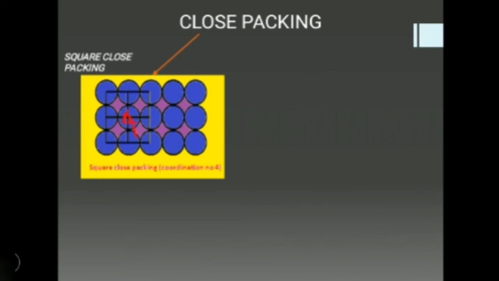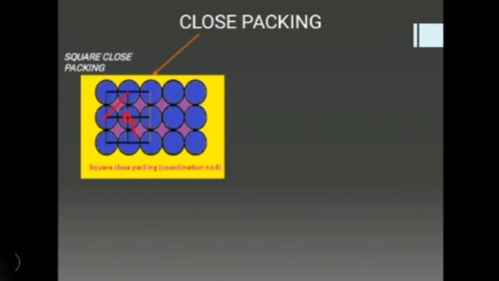There are 4. Now join the centers of them. You get a square. Just tilt your screen to see an exact square. That's the reason why you call it square close packing.